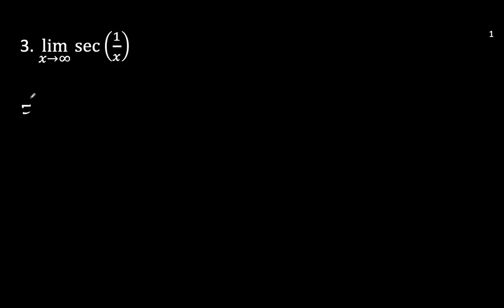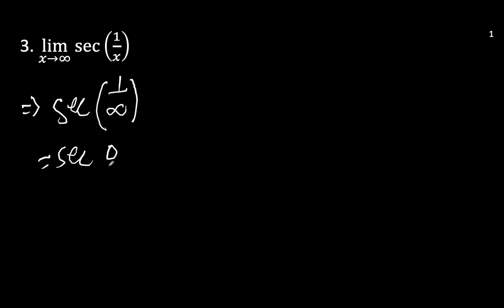So what we can do is secant 1 over infinity. And 1 over infinity is equal to 0, right? So 0.